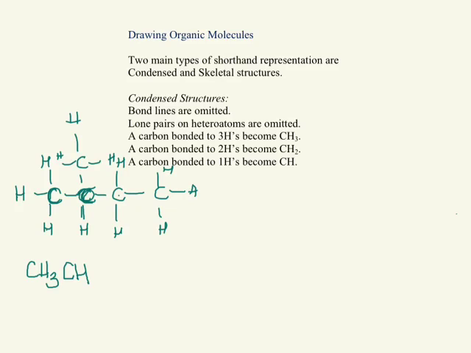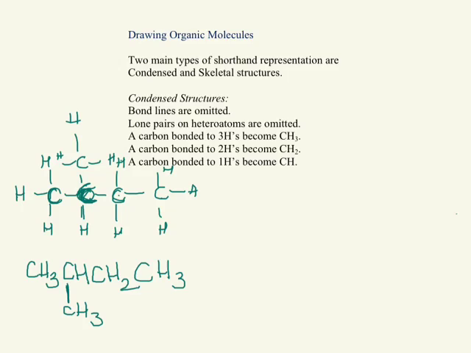The next carbon is attached to 2 hydrogens, CH2, and this carbon is CH3. Now going back to this carbon, we have one more C attached here, CH3. So here we have one more CH3.